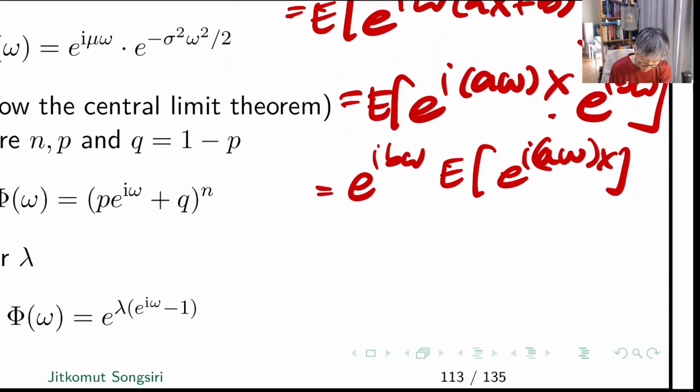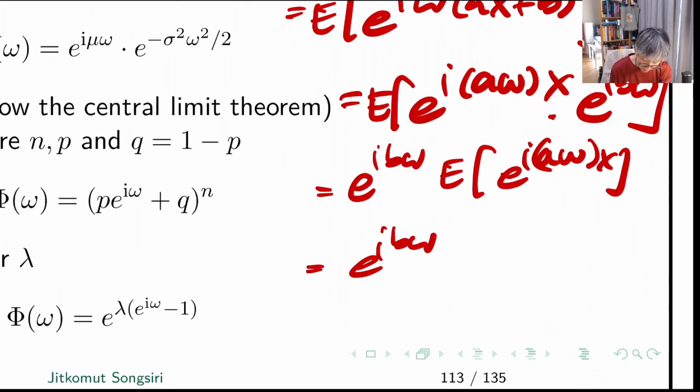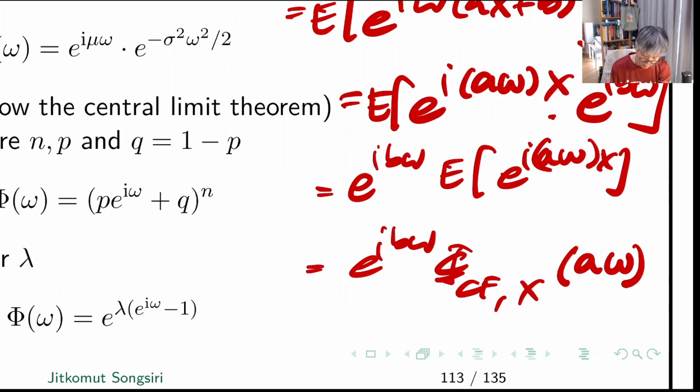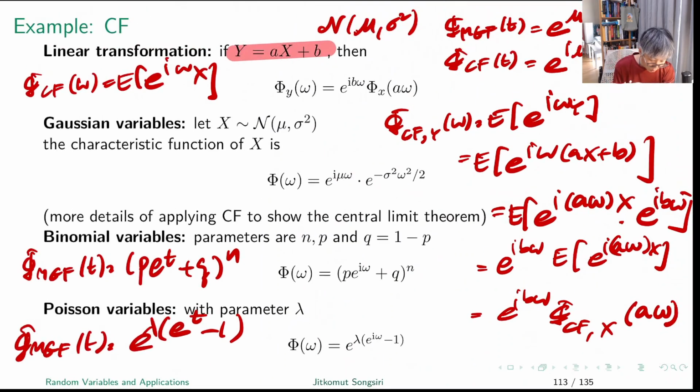And now we have e to the i b omega times this expectation with respect to X. And it's actually the CF of X evaluated at a omega. Okay, so this is how we derive the first result, how the CF is changed under the affine transformation.